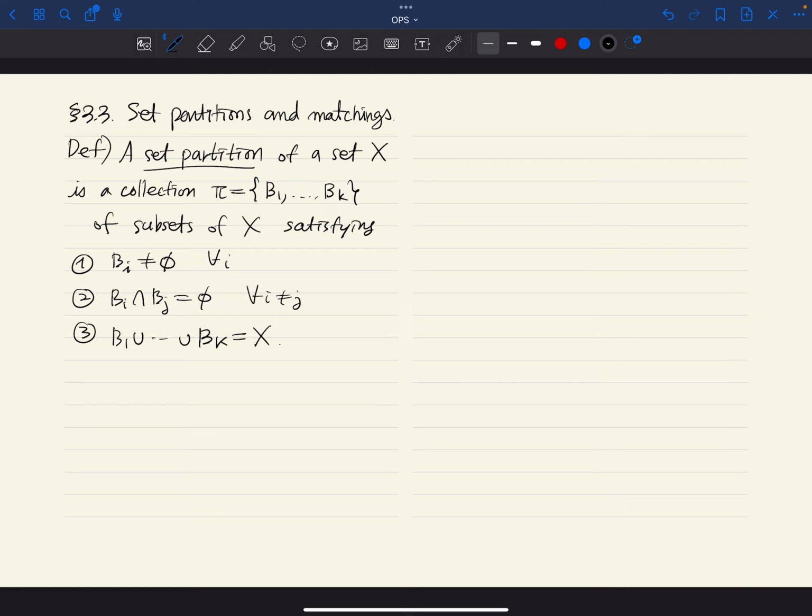Partition is like that. You can imagine if X is like that, then partition means you really partition things like that. Set partition is like that. And each bi is called a block.